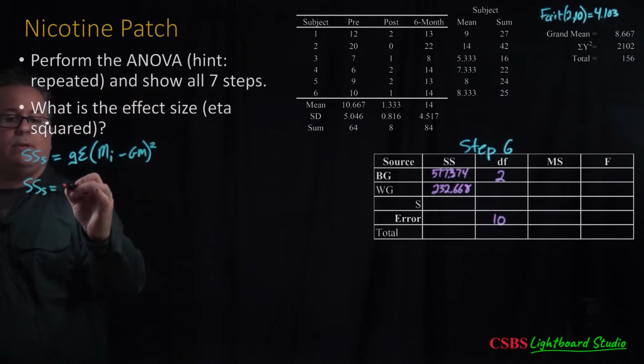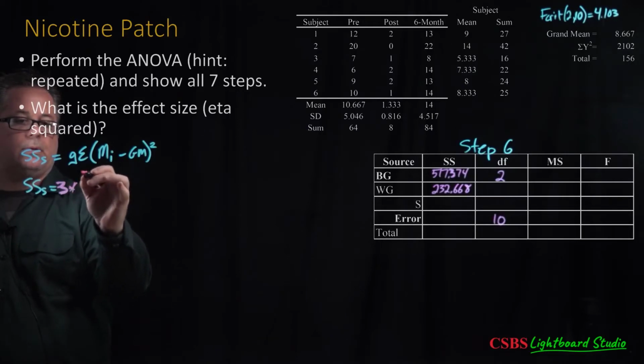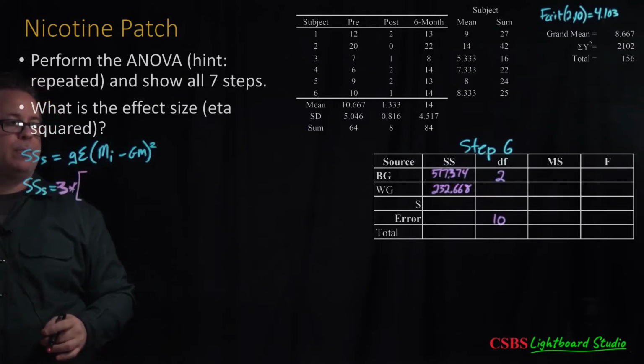So I'm going to take the whole thing, it's going to be times 3. All right, so let's get 3 times everything in the brackets.